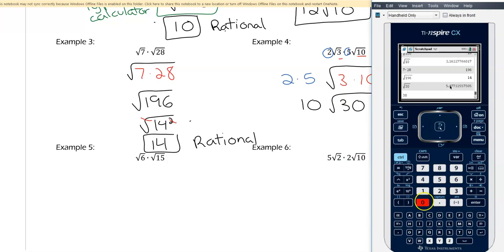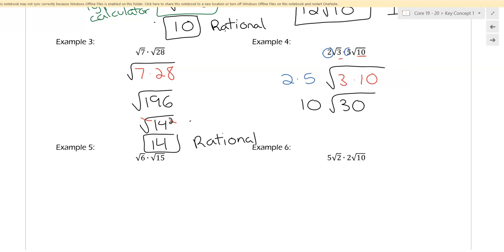And if I try dividing 30 by like 25, nope, get a fraction, by 16. If I try all those different things, nothing works. So square root of 30 does not simplify in any way. It's irrational, right? So again, I was just dividing to check if there's any perfect squares in it, just like we did in C2.